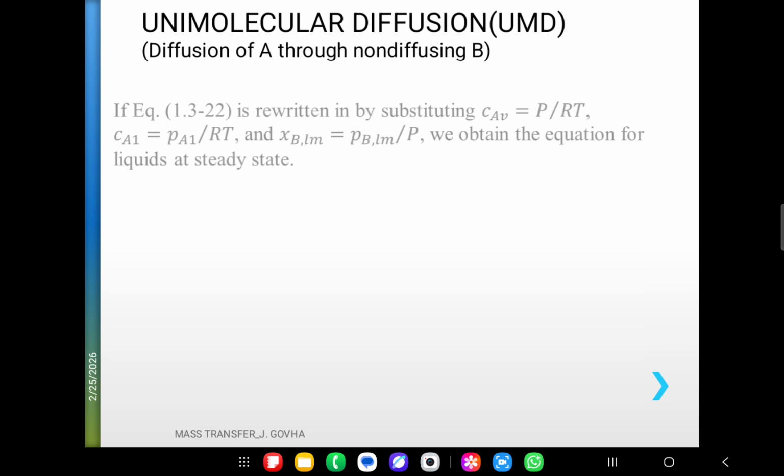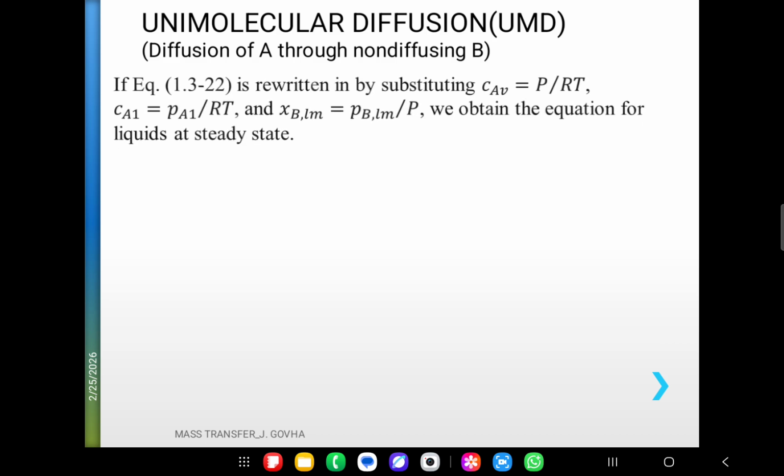And because of that, we then rewrite our equation as indicated as follows. We just replace the P over RT with this, and we get the equation as indicated.